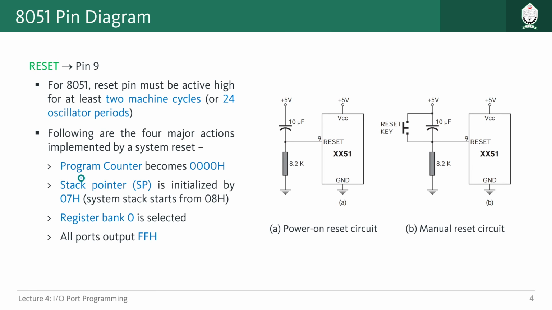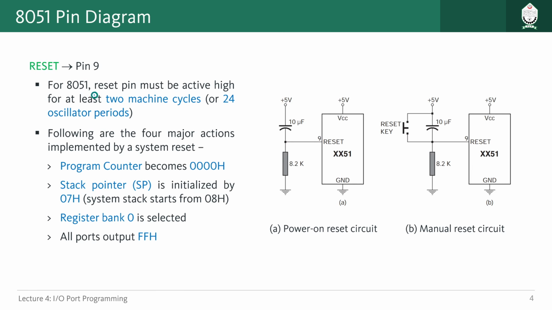The program counter becomes 0000, the initial value. The stack pointer is initialized to 07H, so our stack will start from 08H, right? Register bank 0 is selected, and all 4 ports are initialized to FFH, so all of the bits become 1. So they are set as input whenever we reset our microcontroller.